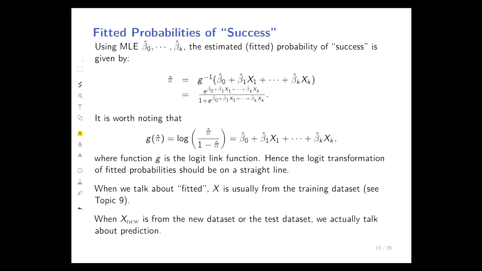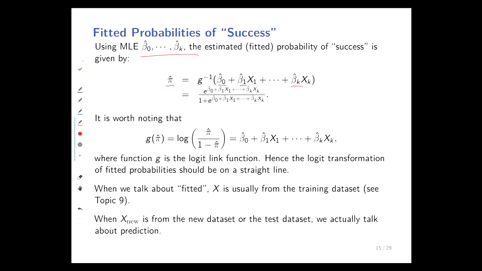And also, by using the maximum likelihood estimation, we can obtain the fitted probability of success, because pi just means the probability of success. If we plug those beta estimates into the formula, we obtain the fitted value of the probability of success.